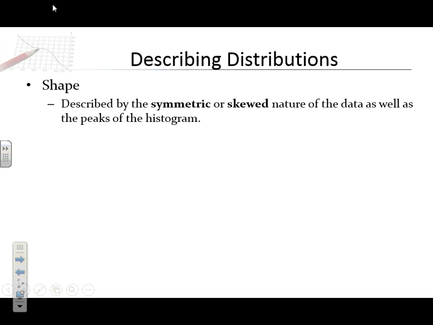So symmetric. When you say something is symmetric, what does that mean? Okay, like mirror images, right? The left and right side are identical, or the top and bottom are identical. So symmetry, you guys have seen before, when we say it's symmetric, we're saying that there's a mirror image.